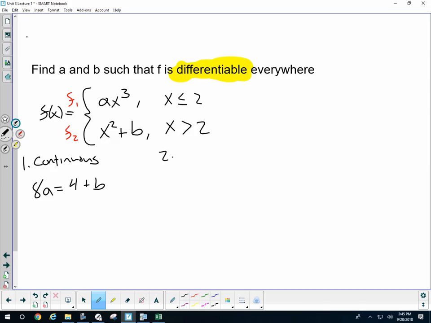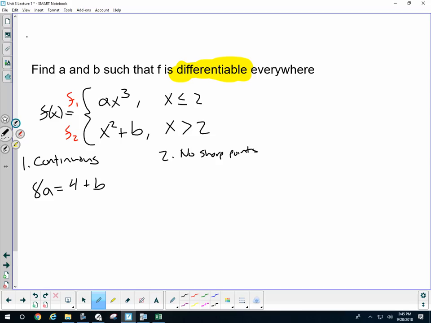The second situation is that we can't have any sharp points. How can I ensure that I don't have a sharp point? Sharp points occur if the slope from one side is different from the slope from the other side.